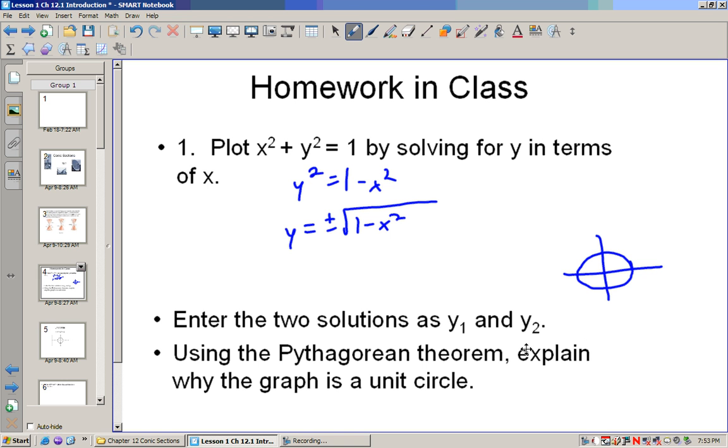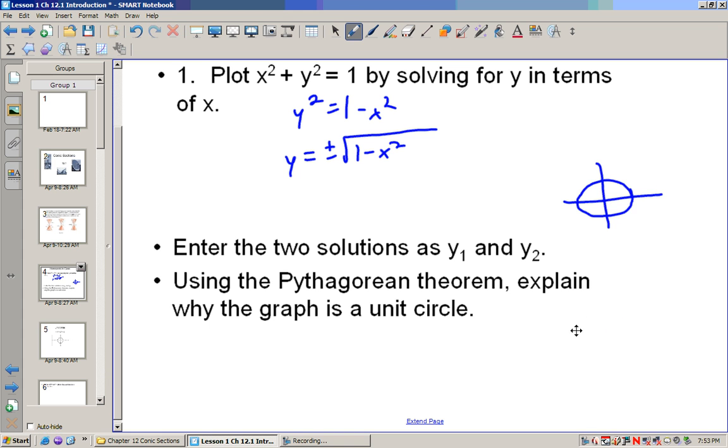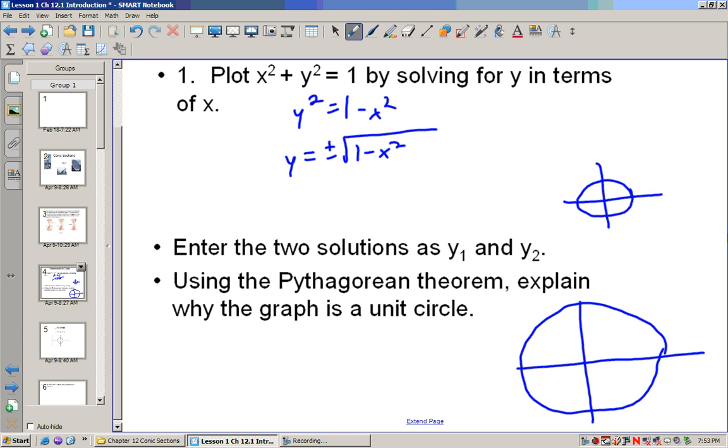It says use the Pythagorean theorem. Using the Pythagorean theorem, explain why the graph is a unit circle. If this has a radius of 1, that means I could draw a line anywhere, and that hypotenuse is 1. Now if I draw a line straight down to the x-axis, we know this is x and this is y.